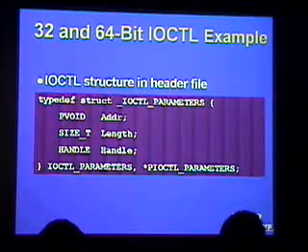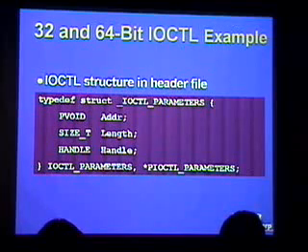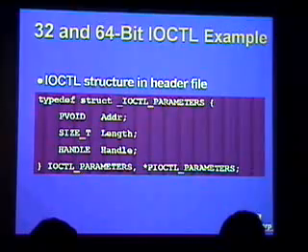And the same thing goes for the handle. So if this I/O control structure was allocated by a 64-bit process, it will be double the size of the same structure allocated by a 32-bit process. So if this I/O control request comes to the driver, it can have either of these two sizes, and the driver has to separate them out.